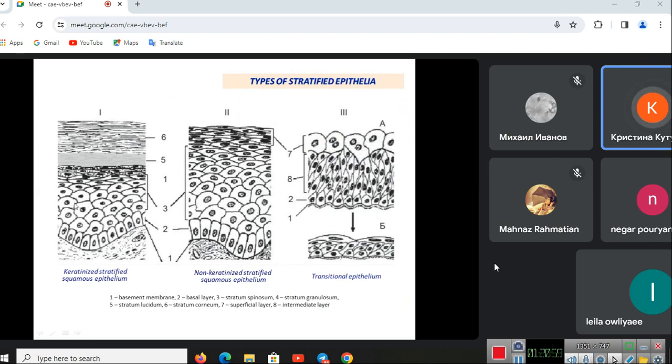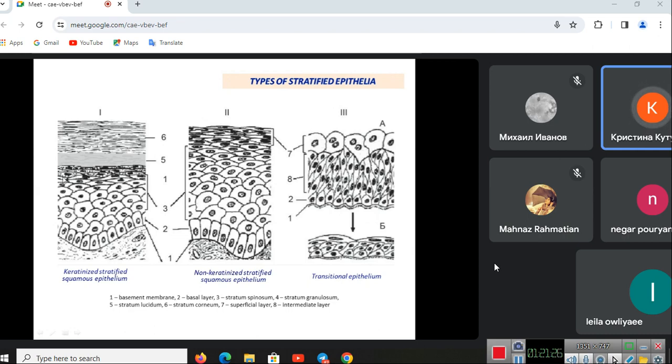Next layer is called the stratum spinosum. Stratum spinosum. The cells with different shape and mostly rounded cell nuclei. Next goes stratum granulosum. It is located here, stratum granulosum. Granulosum is about granules.